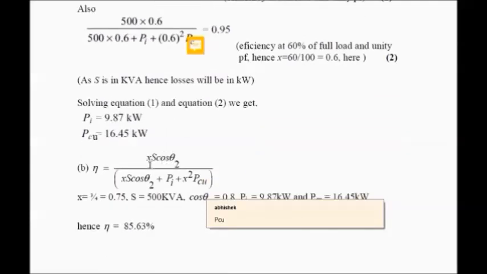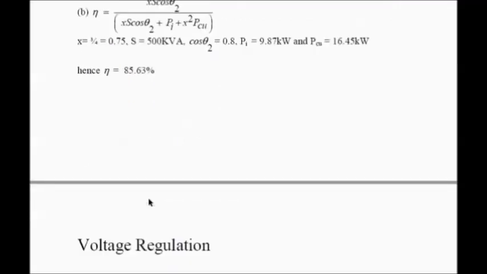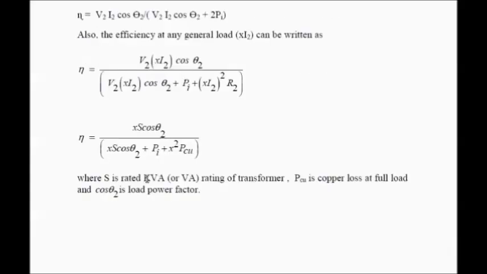So eta is xS cos theta 2 divided by xS cos theta 2 plus Pi plus x square PCU, and these are the values that I have to put here. This PCU is copper loss at full load, Pi is independent of load. Substituting these values in this, eta can be calculated, and that will be 85.63%. So this is all about efficiency of transformer.